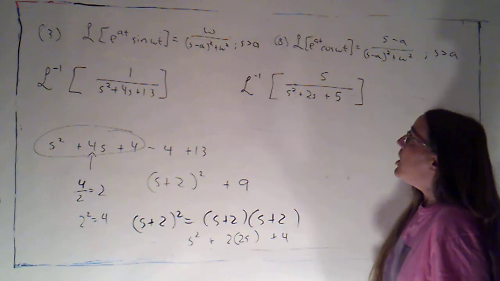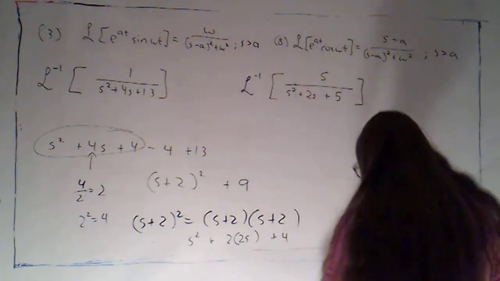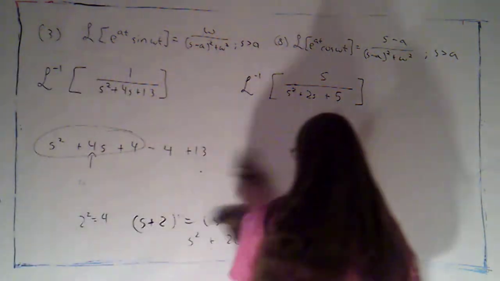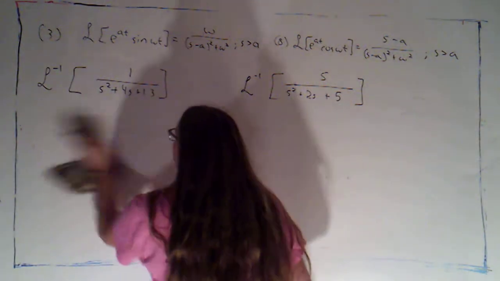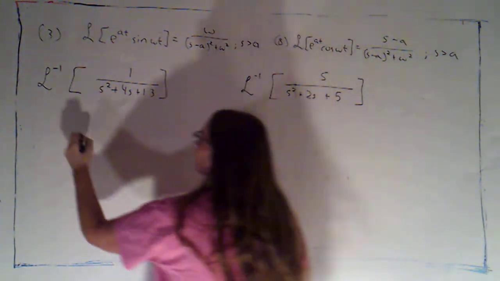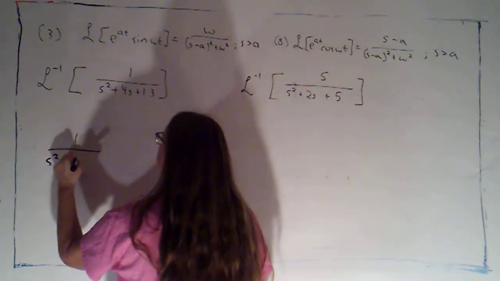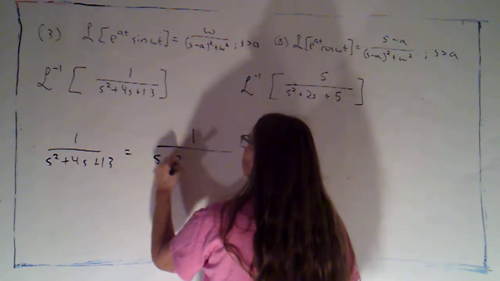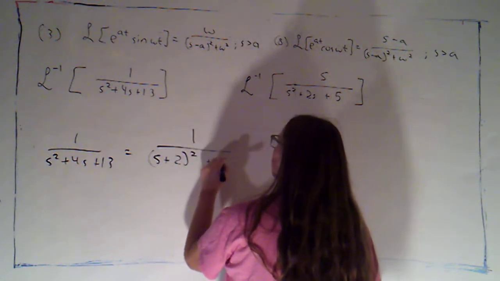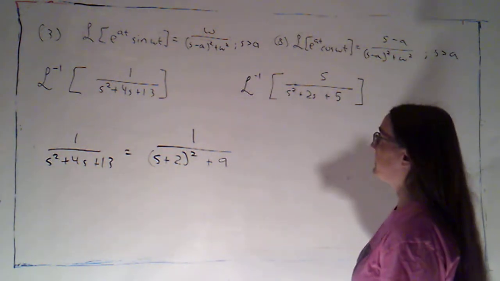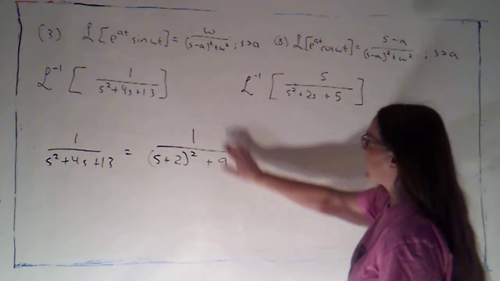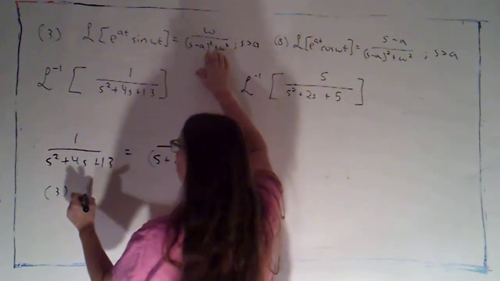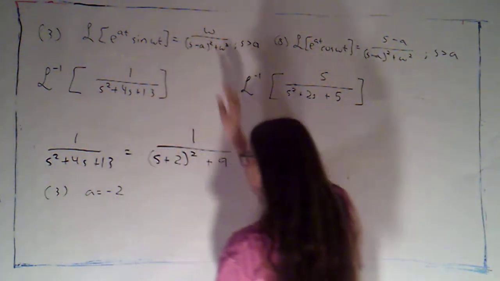Okay, so I can now rewrite things that way. So I can say 1 over s squared plus 4s plus 13 is 1 over s plus 2 squared plus 9. Okay, so I'm kind of liking that. Just looking at the denominator here, using formula 3, my a would equal negative 2.